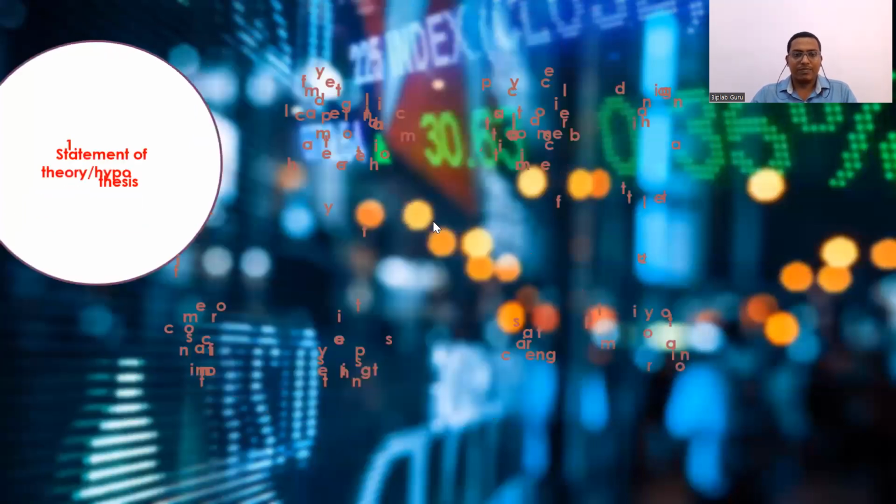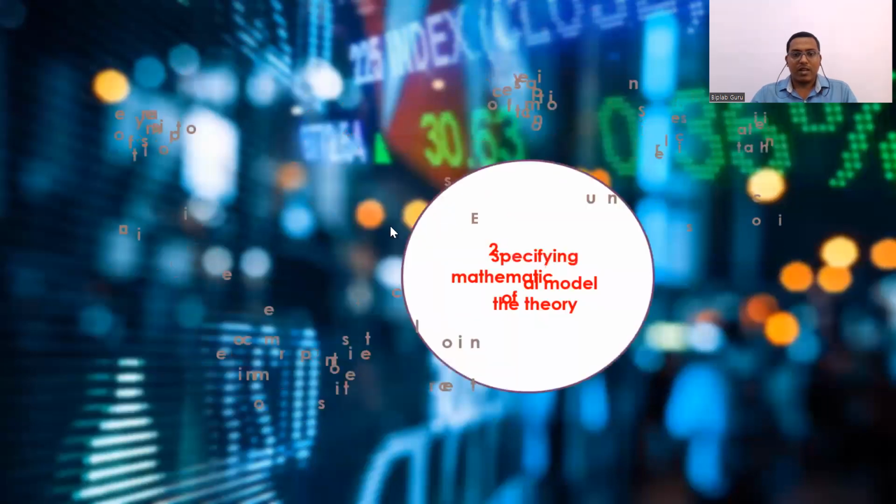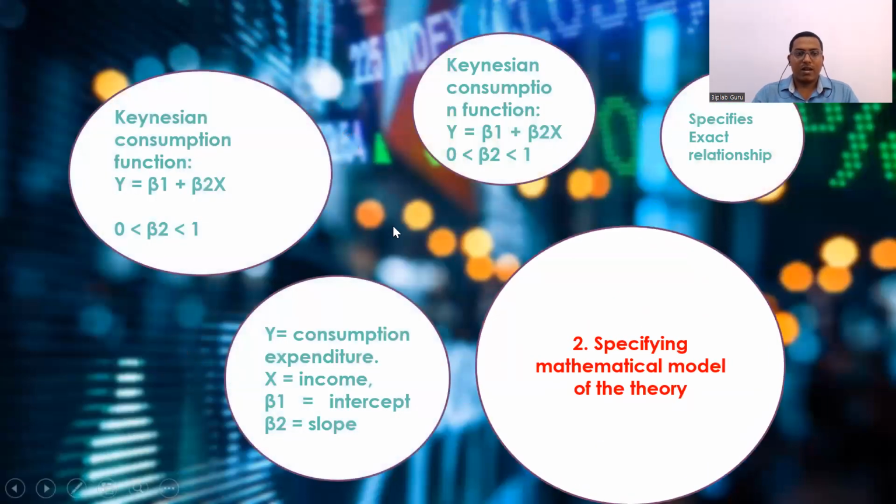In the very next step, we specify a mathematical model of the theory, if it exists. We can specify a mathematical model as y = beta 1 + beta 2 x, where beta 2, the slope of the equation, measures the marginal propensity to consume.